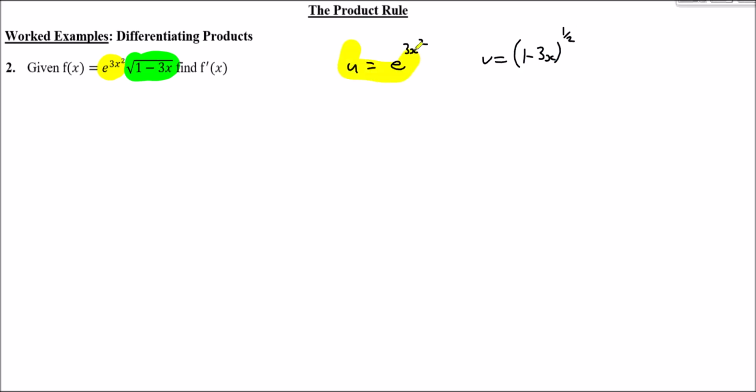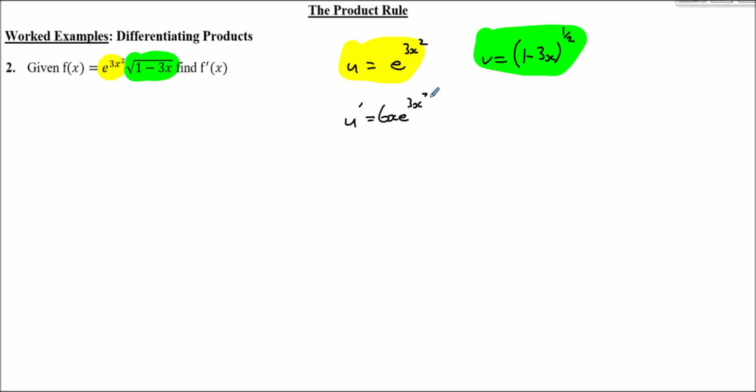Now we can apply the chain rule, but of course these functions are slightly trickier, to say the least, than what we had in worked example 1. First of all, if u is e to the 3x squared, I'm not going to labour this point. If you don't believe me, try the chain rule yourself. u' is going to be 6x e to the 3x squared.